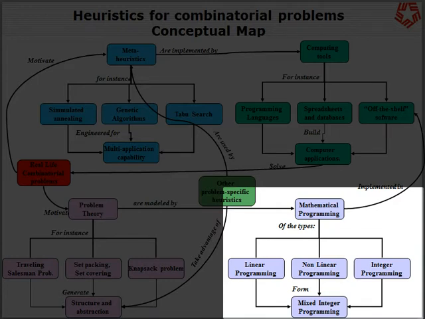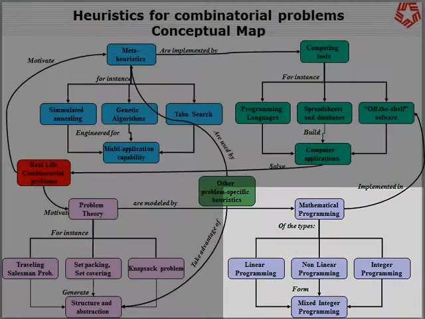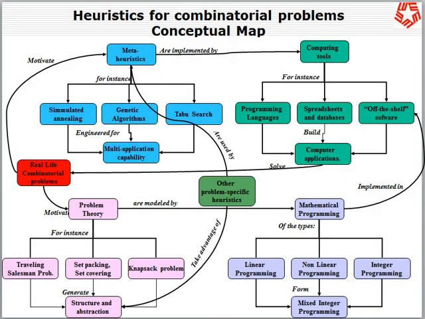Basically, when we have combinatorial problems especially, we would like to use some algorithms that allow us to converge faster to a good solution, even though sometimes it's impossible to know if we obtain the optimal solution.